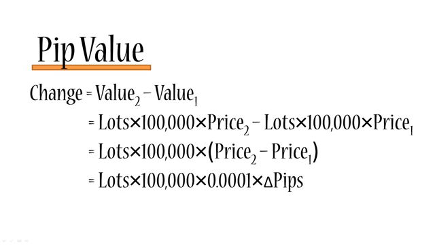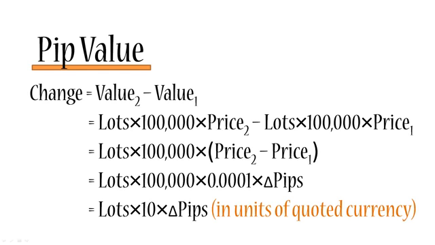Next, we can replace price 2 minus price 1 with delta pips. And we know that regardless of whether we're using a 4-digit or 5-digit broker, pip is always 0.0001. So here we're replacing price 2 minus price 1 with delta pips times 0.0001. And next, we multiply 100,000 times 0.0001, which gives us 10. So the change in value is always equal to lots times 10 times delta pips and is measured in the units of quoted currency.